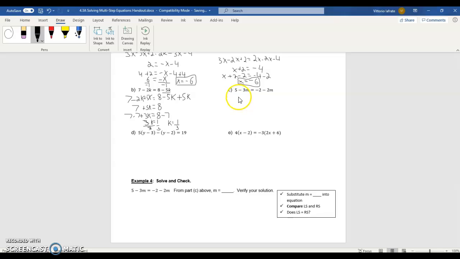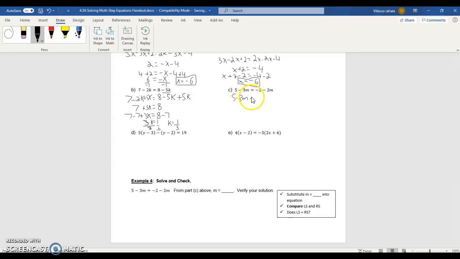Now we're going to try example C. I'll send all the variables to the left side this time, just to mix it up. You guys will try sending it to the opposite side. So I'll do 5 minus 3m.